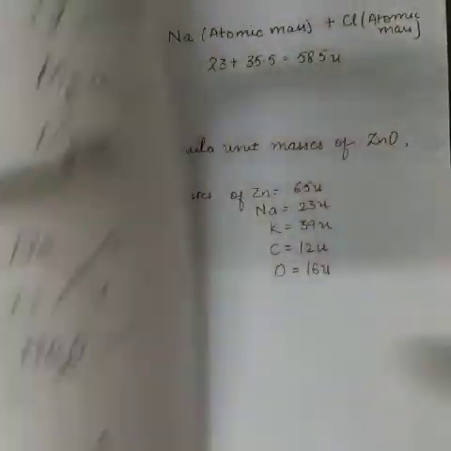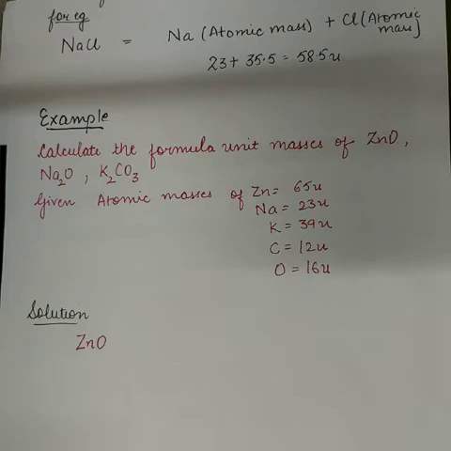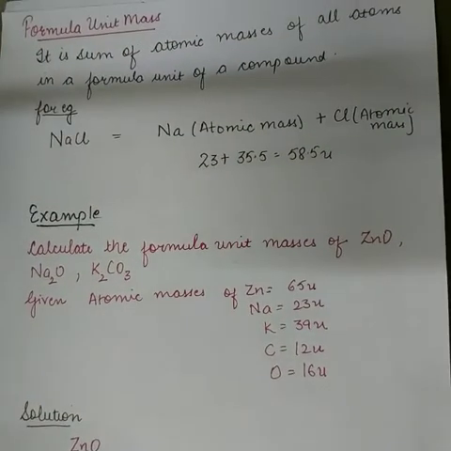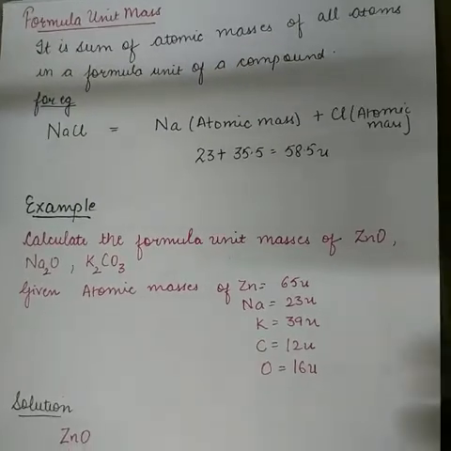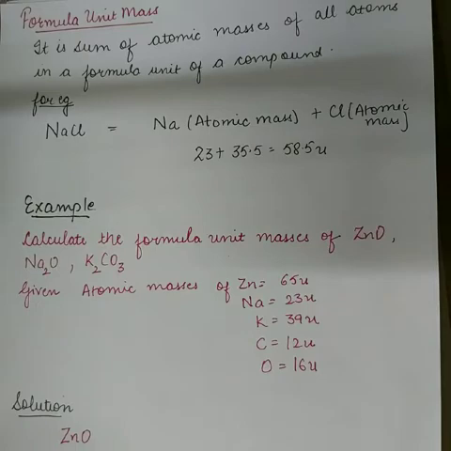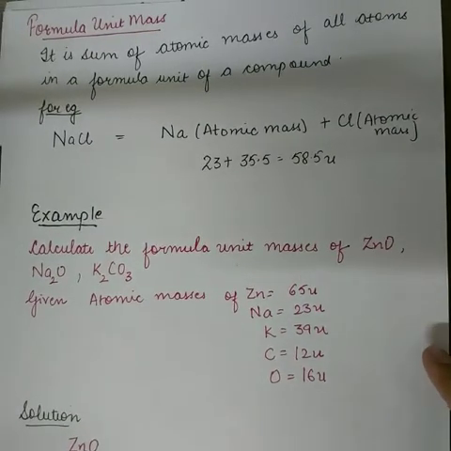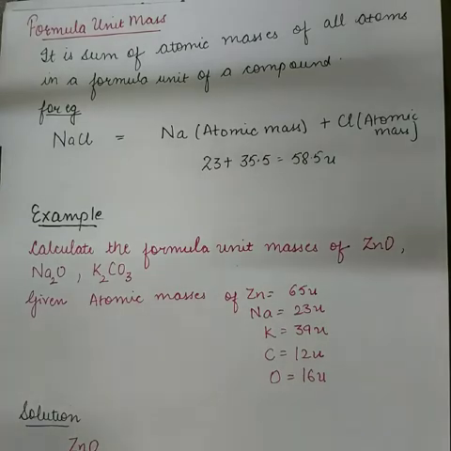Now let us do one more example. Now we will shift to formula unit mass. This is similar to molecular mass, and when you practice these examples, it will be more clear to you, right? Formula unit mass is the sum of atomic masses of all the atoms in a formula unit of a compound. What is the difference between molecular mass and formula unit mass? They are basically the same. In formula unit mass, you calculate the atomic masses of the atoms present in one unit.